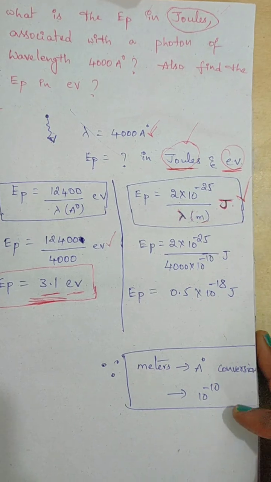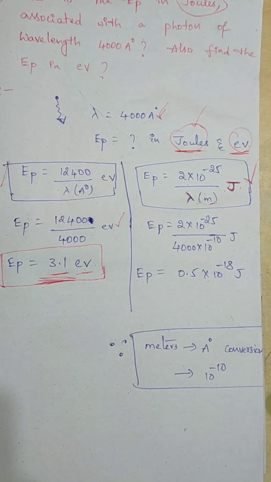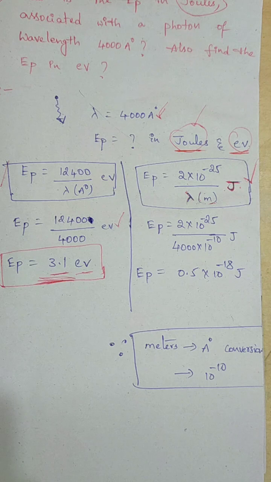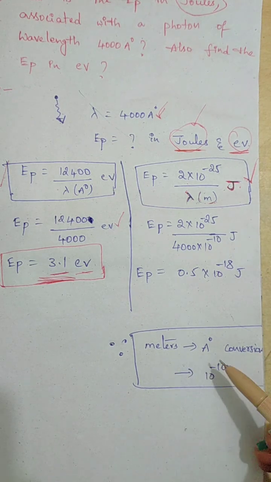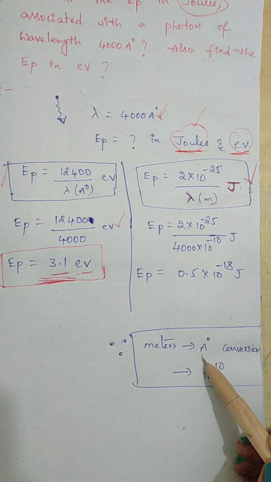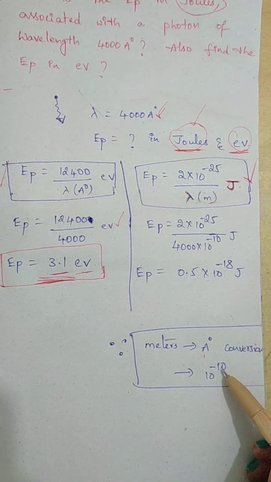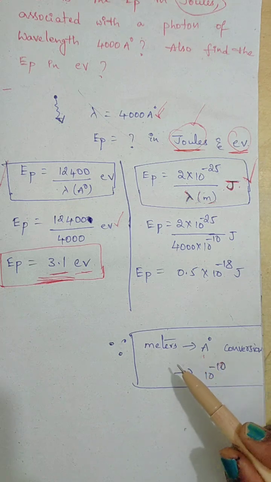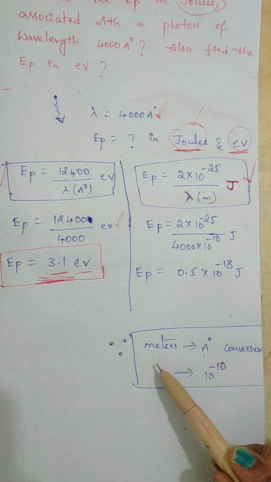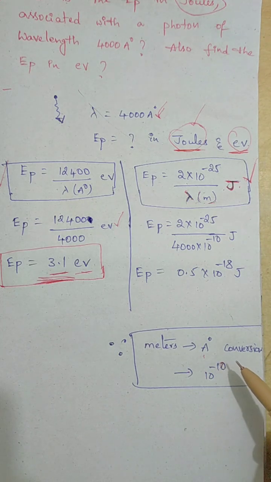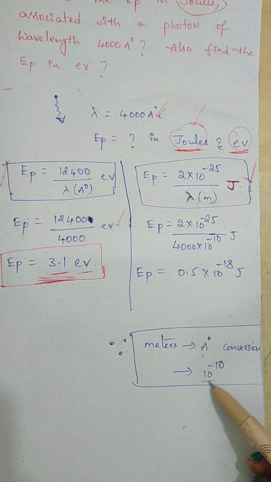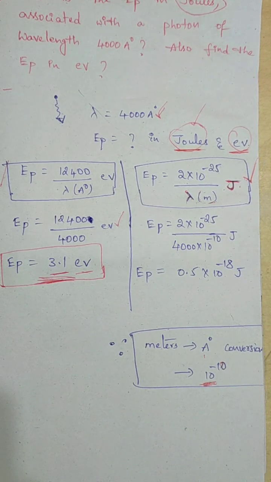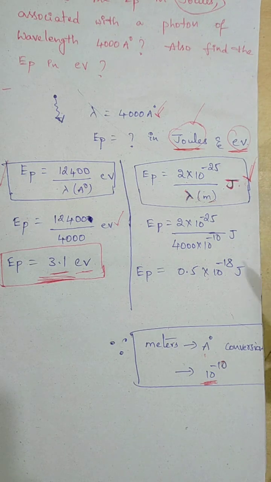What is the conversion? In the previous classes we learned about the conversions also. The angstrom to meters conversion is 10 power minus 10. Directly we can write it as 10 power minus 10. So now substitute these values into this equation.